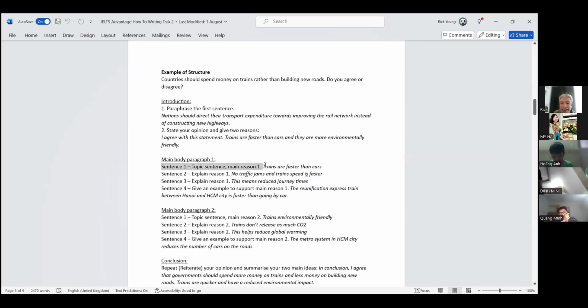Same thing for my sentence number 1 in my first body paragraph, which, as I explained before, is actually paragraph number 2. But this is my first body paragraph. Trains are faster than cars. Why are trains faster than cars? I need to give 2 reasons. The 2 reasons are, Anhung. Yes. Okay, what are my 2 reasons? Why do I think trains are faster than cars?